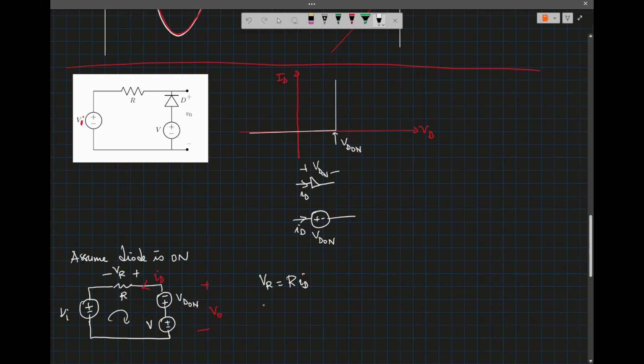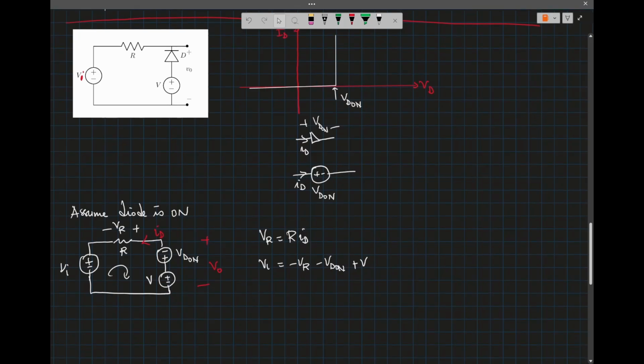So when I write the KVL, I have VI equal to minus VR minus VD on plus V. Then we have negative RID minus VD on plus V equal to VI, the input voltage.